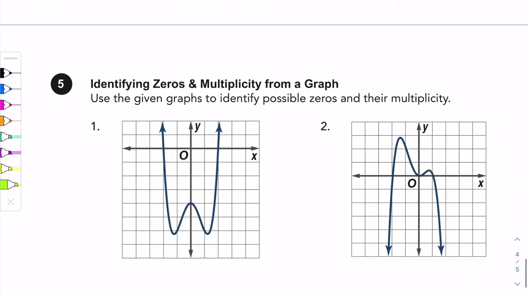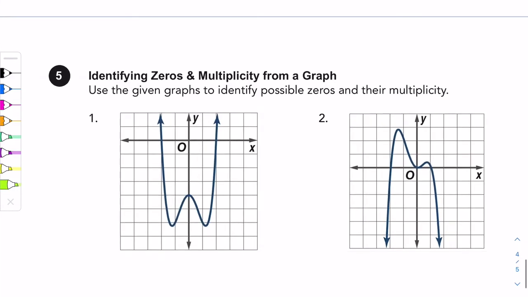Okay, for the last example set, we need to use zeros and multiplicity and identify what's going on from the graph. So number one, we have this curve here. The zeros are going to occur where the graph crosses the x-axis. So I'm just going to mark my 2 zeros.